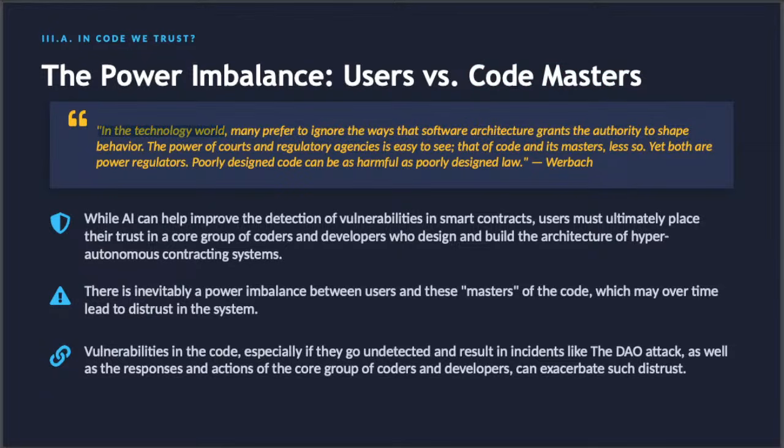So let's look at the power imbalance, the users versus the code masters. In the technology world, many prefer to ignore the ways that software architecture grants the authority to shape behavior. The power of courts and regulatory agencies is easy to see, somewhat. That of code and its masters, less so. Yet both are power regulators.